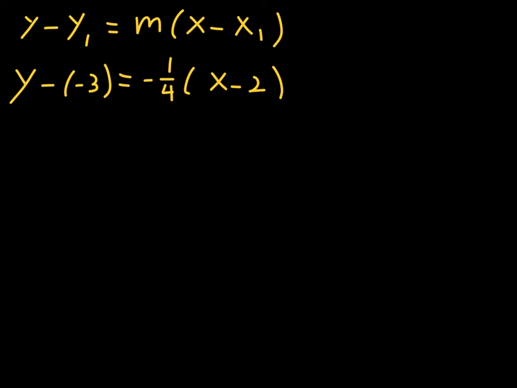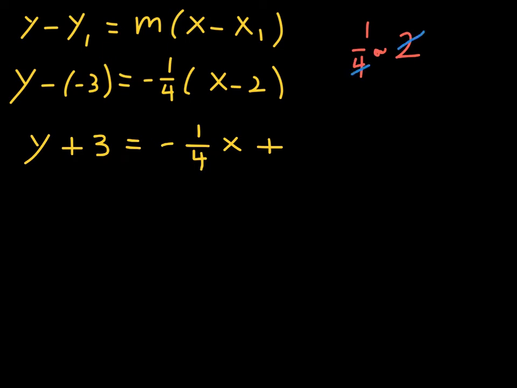So then this becomes y plus 3. Distributing negative 1/4 becomes negative 1/4 x plus, because a negative times a negative is a positive, I have 1/4 times 2. I'll do this on the side here. When you take 1/4 and you multiply it by 2, I cross cancel. So 2 goes into 4 twice.